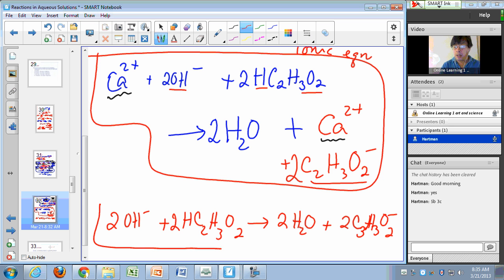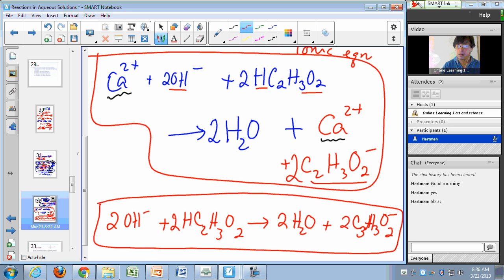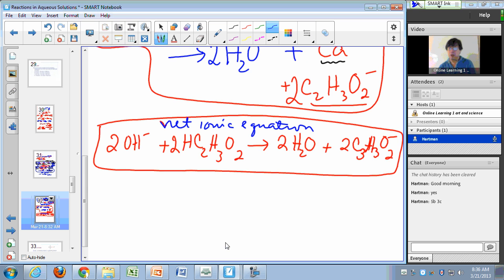So this is your net ionic equation. Now this can actually be simplified. You'll notice all the coefficients are 2. There's 2, 2, 2, and 2, so you can simplify that.